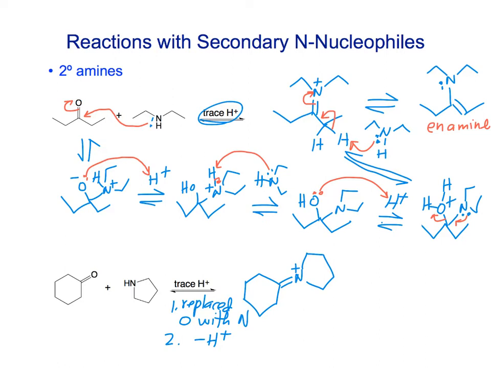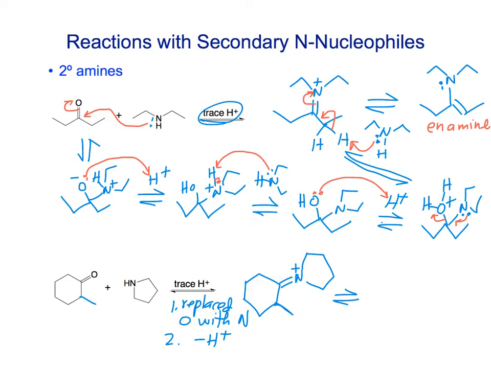So the question is, what if, let's just put a methyl group right there. Okay? So then we could get to here, right? And then we could have two possible enamines. So this could go like this.